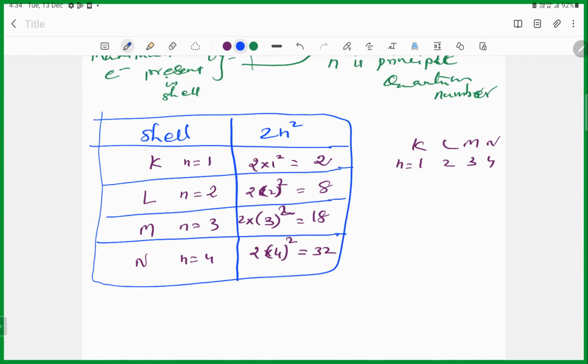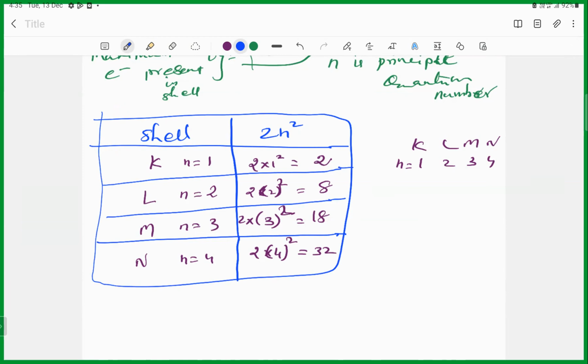So you can accommodate 2 electrons in the K shell, 8 electrons in the L shell, 18 electrons in the M shell, and 32 electrons in the N shell. Is it clear? Yes, sir.